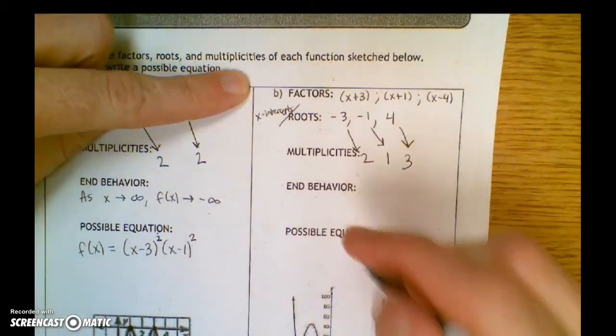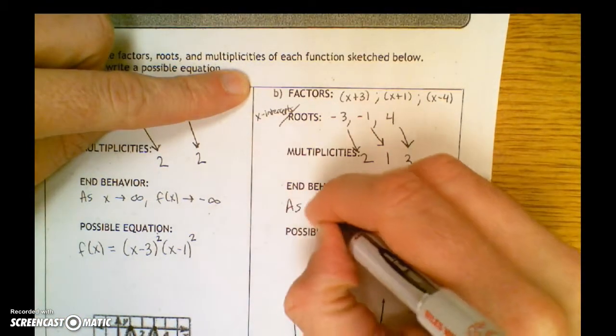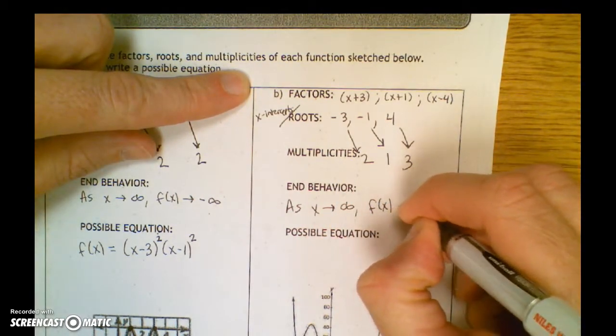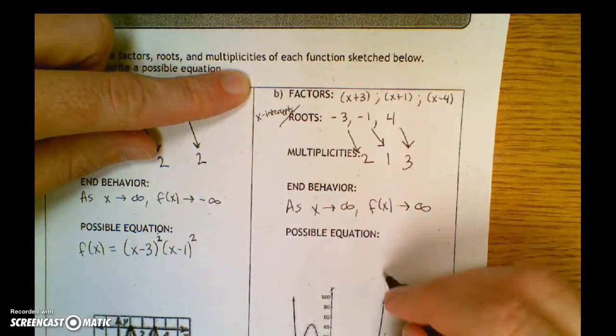For this one's end behavior, as x approaches infinity, f of x approaches positive infinity because it's going into the positive values.